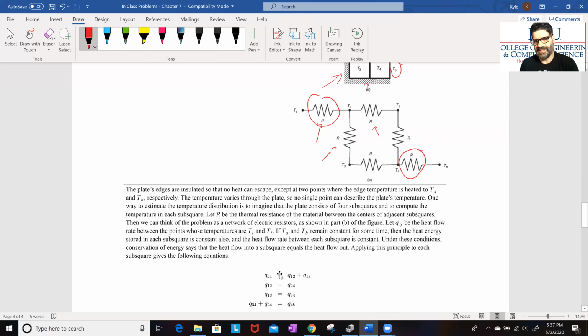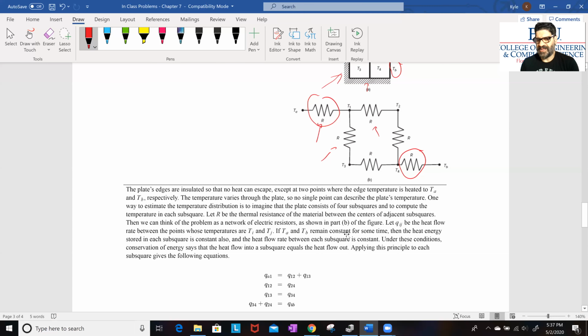We equate, like I said, the voltage to temperature and the current to heat transfer. And in the figure, let Qij be the heat flow rate between the points whose temperatures are Ti and Tj.